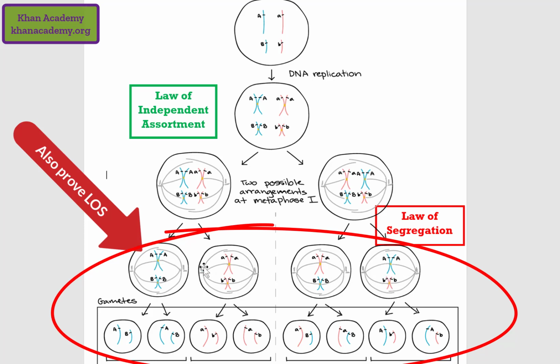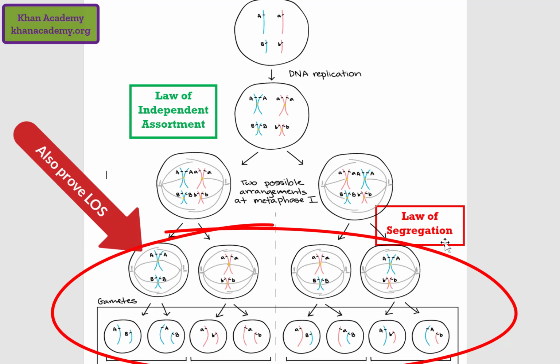Any of these 4 cells, which would be telophase 1, and everything after, prove the law of segregation, even if it's 2 blues together, because these are not homologous chromosomes. They're different chromosomes, and they're 1 each of different chromosomes.